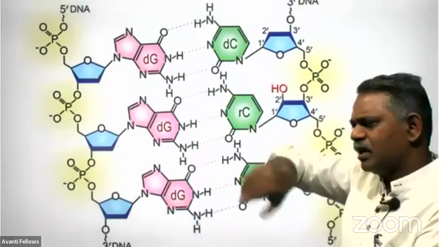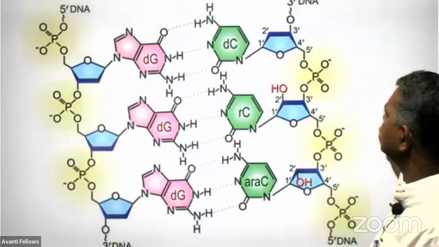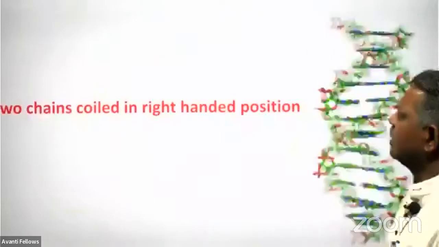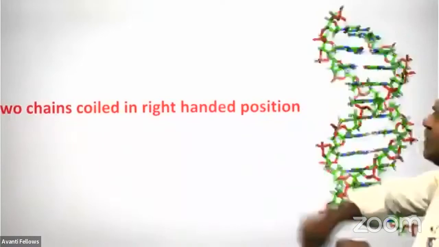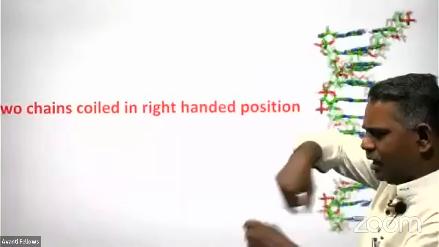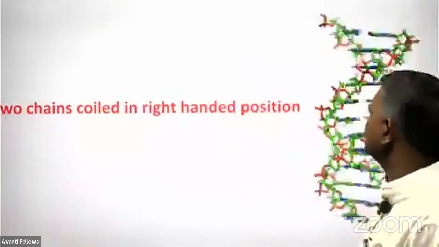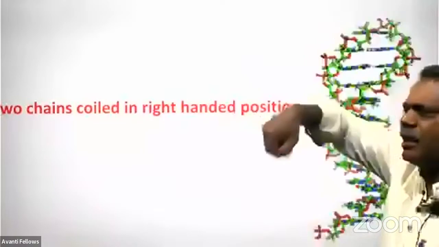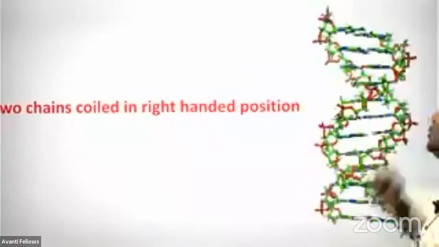They go for pairing, in the right hand direction, and get this stable structure. So these two chains, anti-parallel chains, go for coiling in a right-handed position to get a more stable functional structure.